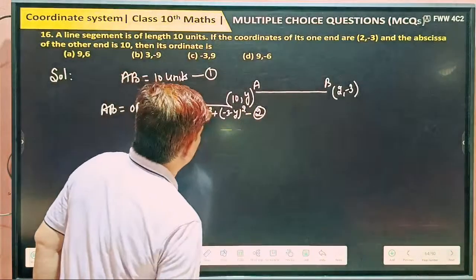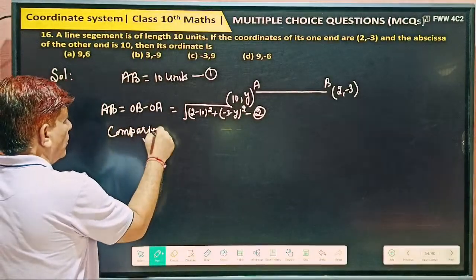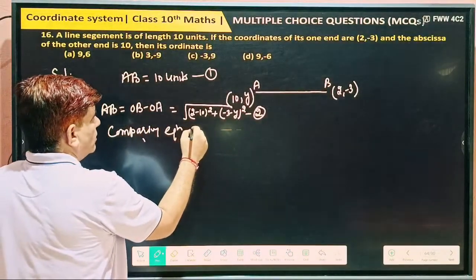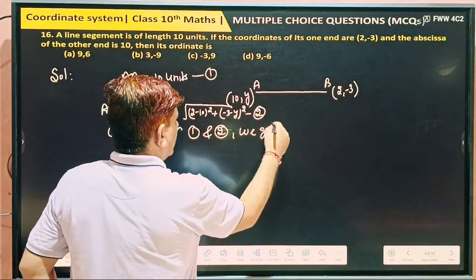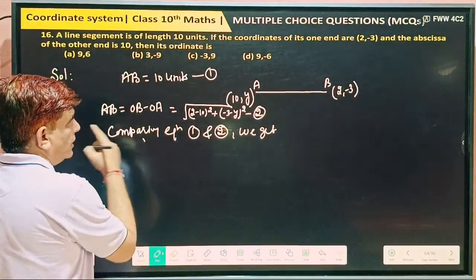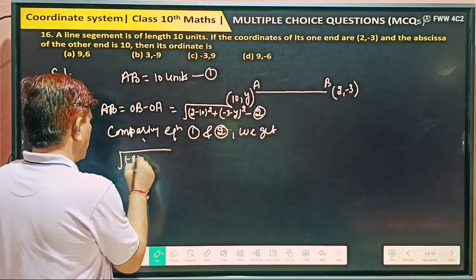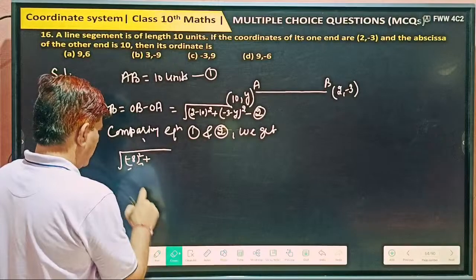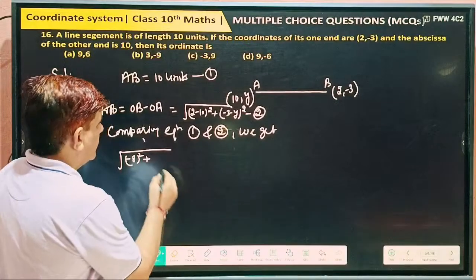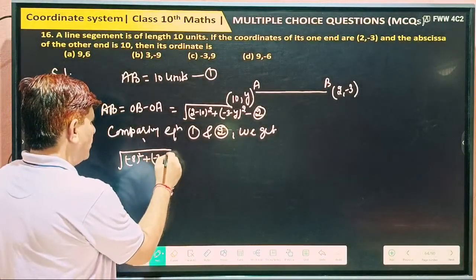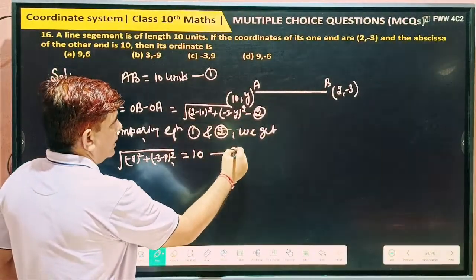This is 2. Comparing equations 1 and 2, left hand side equals right hand side, so minus 8 whole square plus (minus 3 minus p) whole square is equal to 10. This is 3.